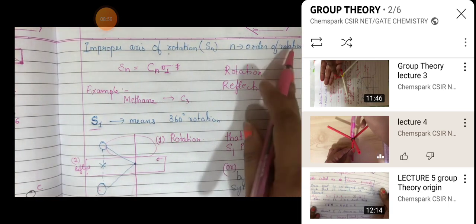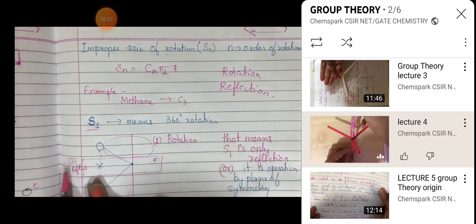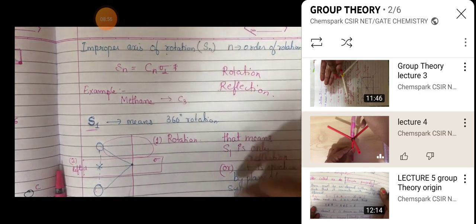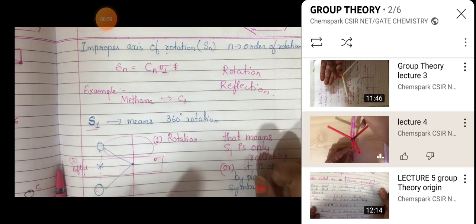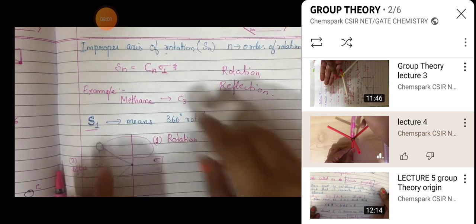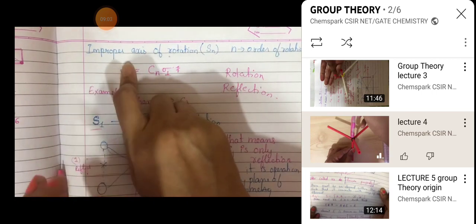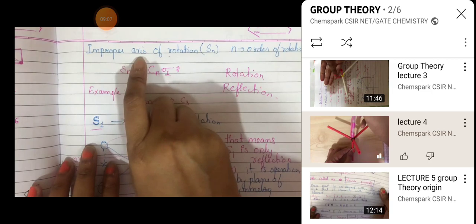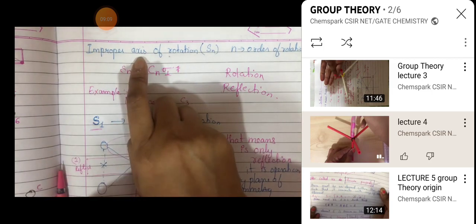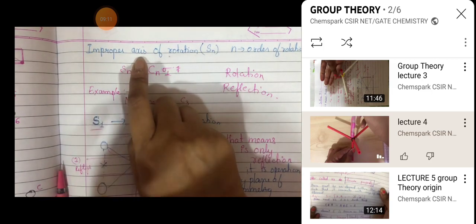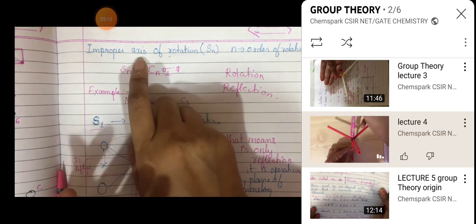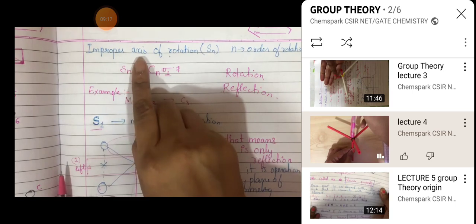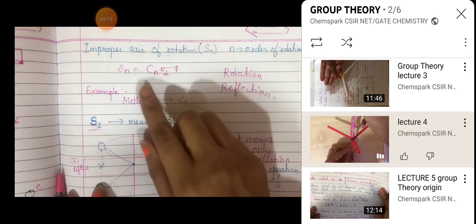Okay. Now if you remember, we started with proper axis of rotation, and I have told you what proper axis of rotation means. So now by the name itself, we can come to a tentative conclusion that an improper axis need not be a proper axis, that is, in reality, if any axis is present, it is imaginary only.